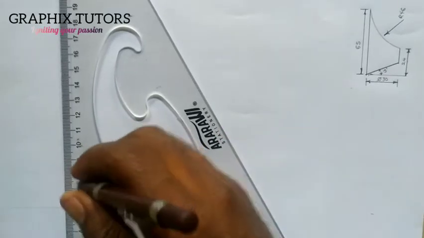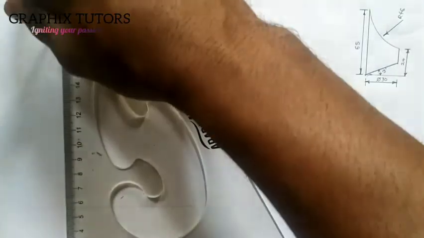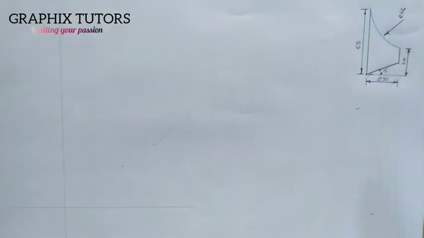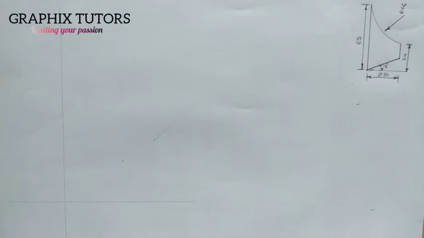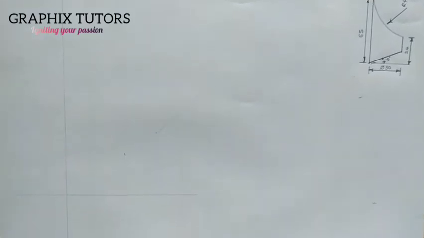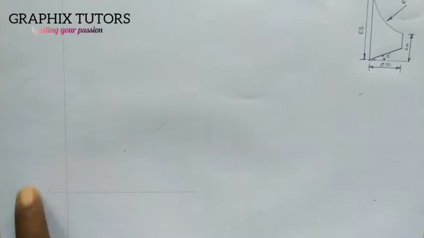Now this is what we have. The next thing we should be doing here is to draw the diameter of the circle, which is 30. So I'll take a radius of 15 and draw the diameter of 30, right? So this is what I'll do here.